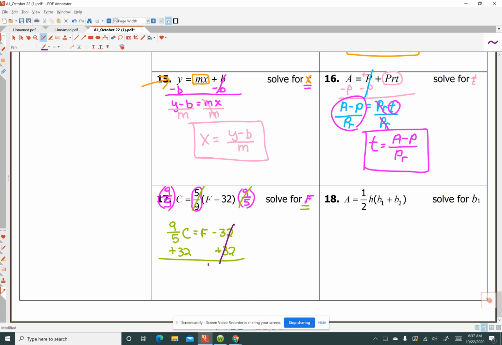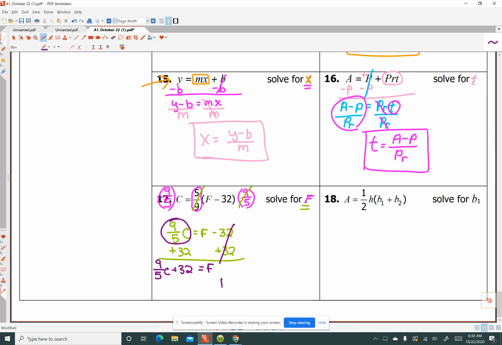So on the right side, we have F isolated. On the left side, 9/5 is locked in as part of this term, C. So we're not going to take 32 and add it specifically to 9/5. We're adding it to the whole term, which is actually rather easy. So we just write 9/5 C plus 32. And that's our final answer.